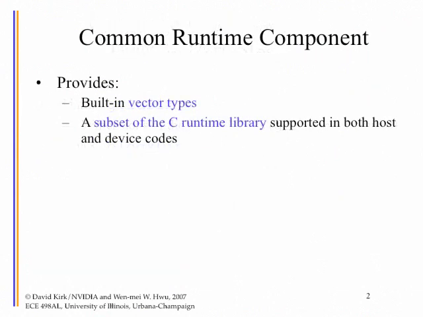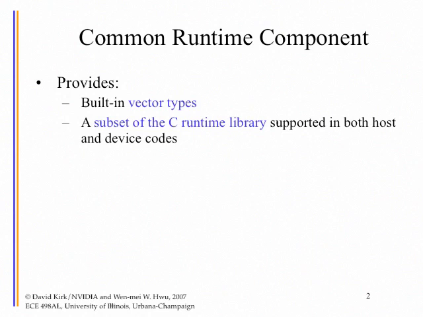So there are also some other common runtime components. One of the things is this vector type. There are some functions that can actually take vector types, like 2D or 3D data types, and simultaneously operate on all 3 dimensions.